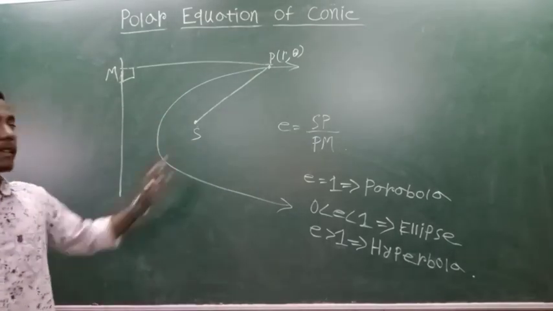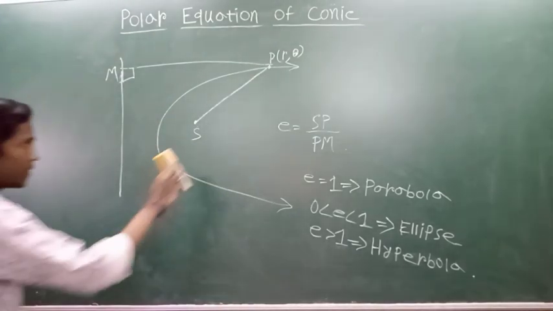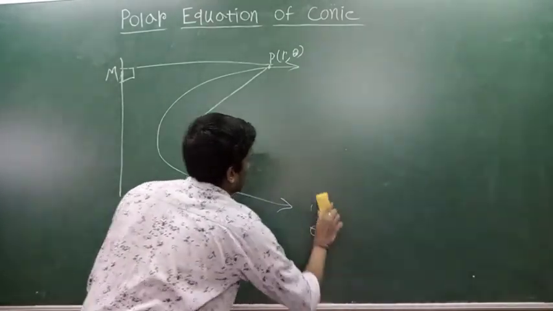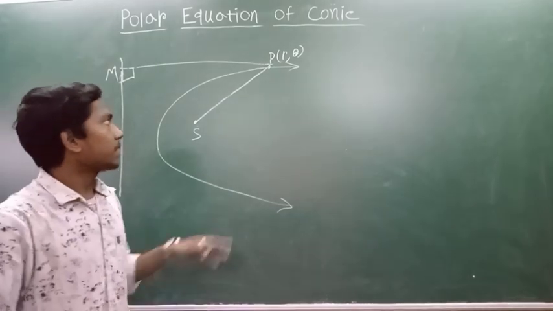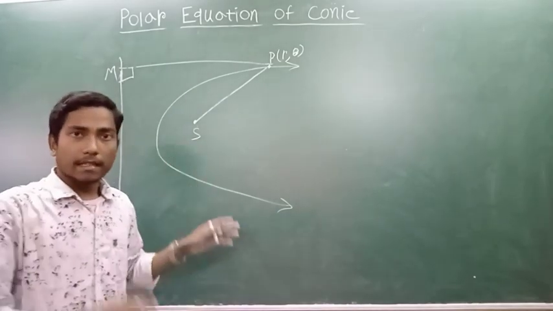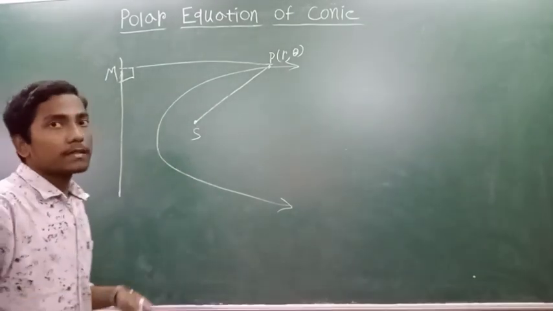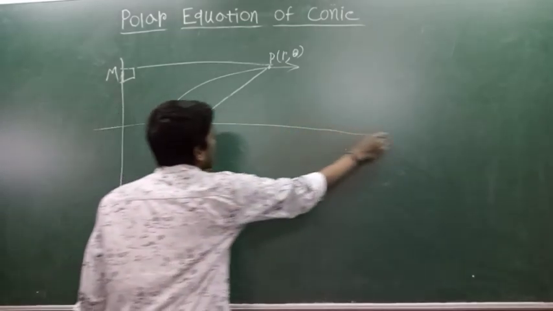Now we derive the general equation of a conic. Say this is a general conic, and the speciality here is that we take its focus as the pole. So we derive the equation of a conic whose focus is taken as the pole, and the initial line passes through the focus.